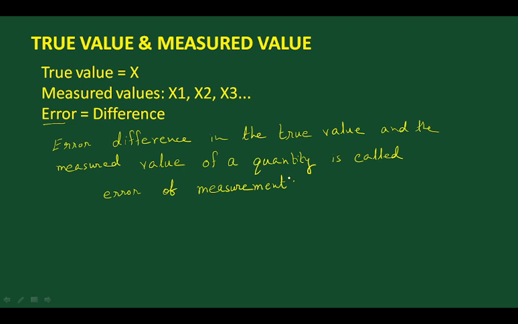So this is what we call the error difference: the difference between the true value and the measured value of a quantity is called the error of measurement, right?